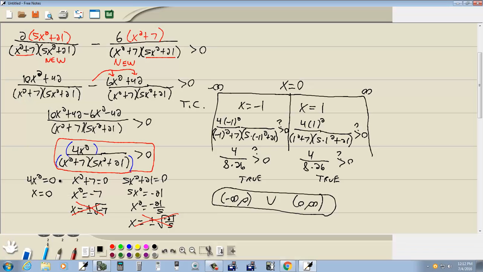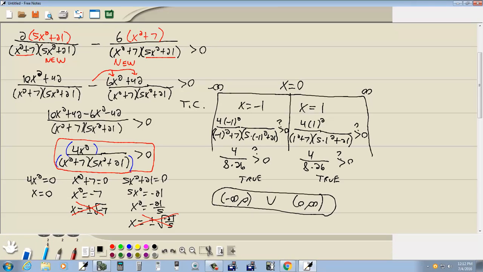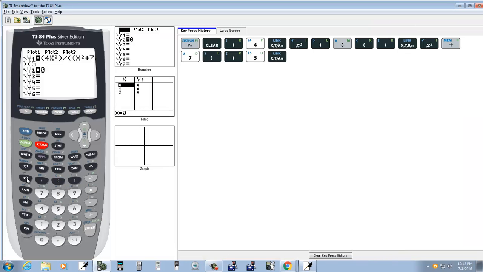So beginning parentheses 4x squared, closing parentheses divided by beginning parentheses, that's this blue one. Then I want another beginning parentheses for the x squared plus 7. Closing parentheses for the x squared plus 7, beginning parentheses for the 5x squared plus 21. And you don't need the closing parentheses at the very end unless you just want to put them. But I'll press graph.